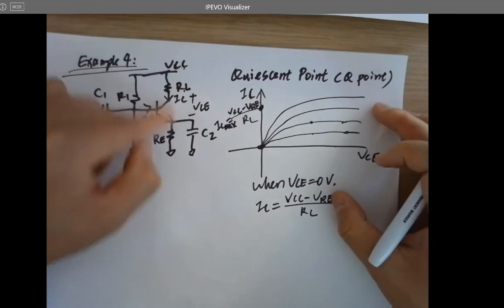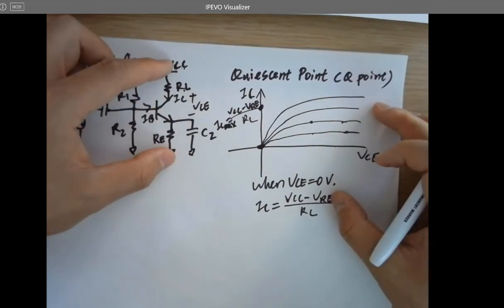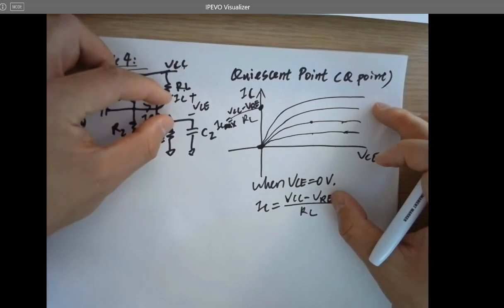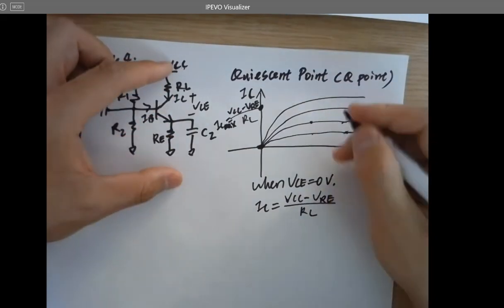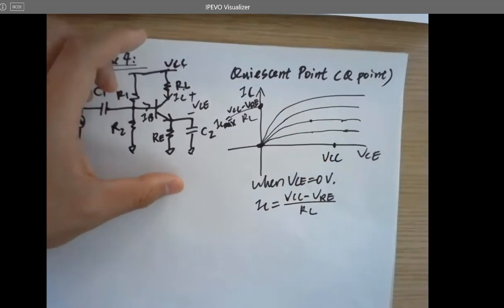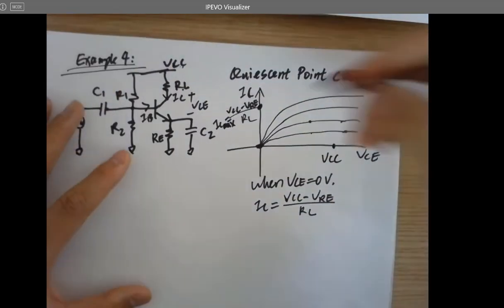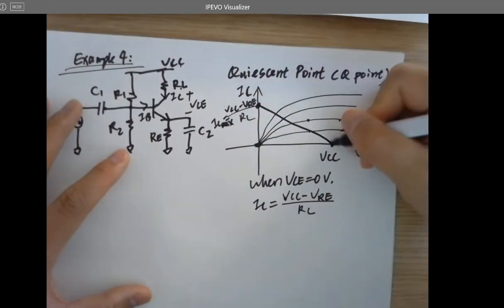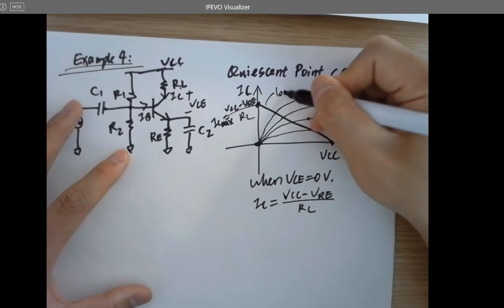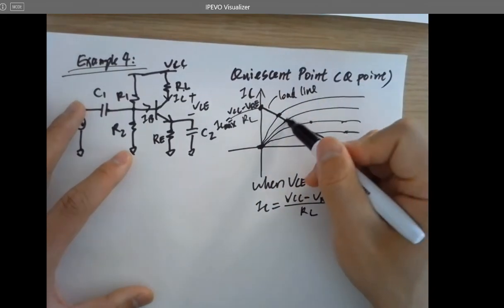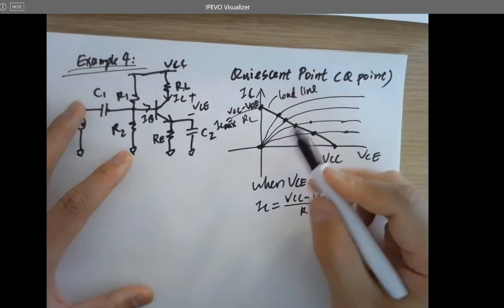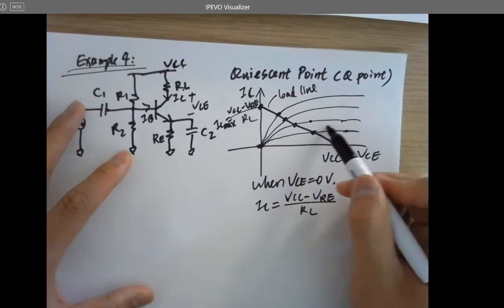When there's no current flowing through it, the voltage drop here will be exactly the voltage drop across the transistor because no voltage drops across the resistors. So here will be VCC. And if you draw a line, that's called the load line. And all these points are the Q points.